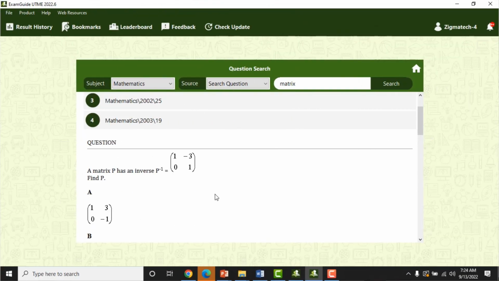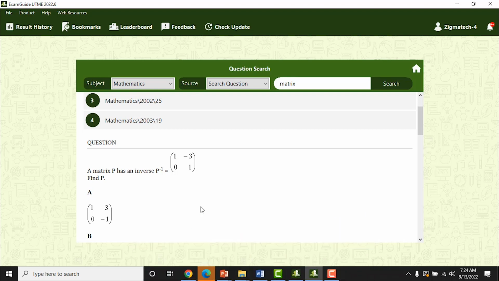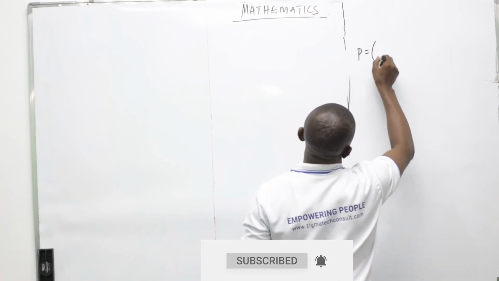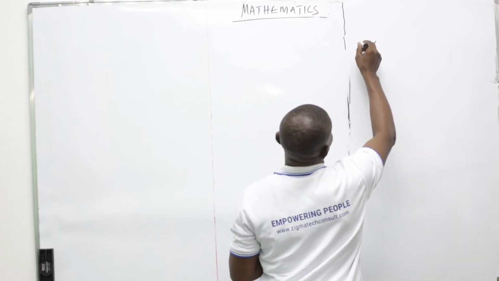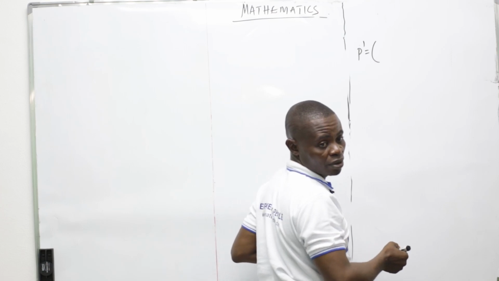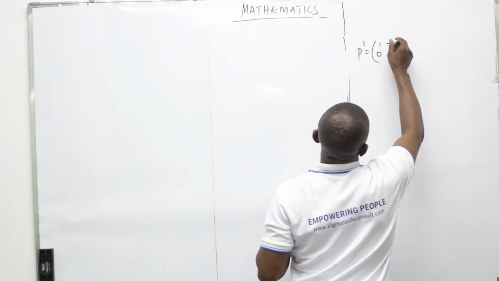Okay, let's use this. A matrix P has an inverse, P raised to power minus 1, equals 1, 0, minus 3, and 1.